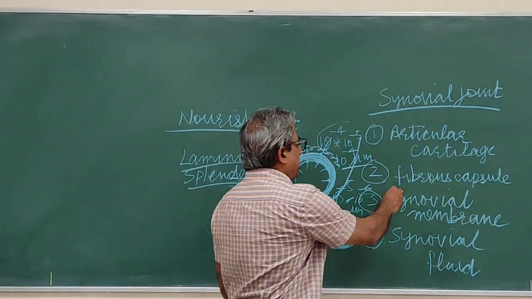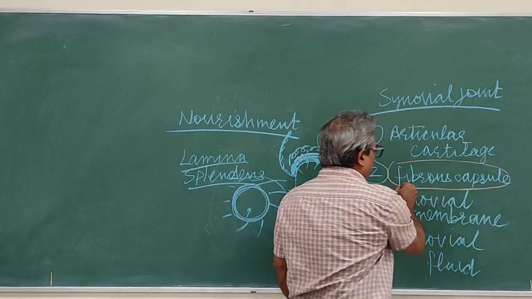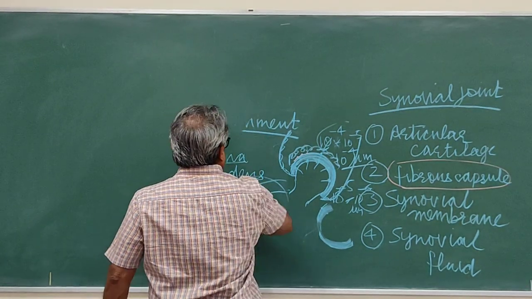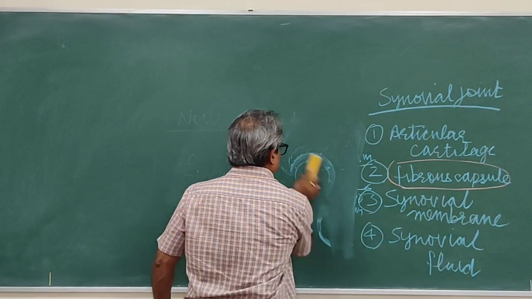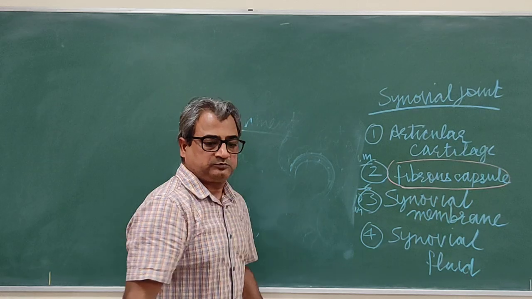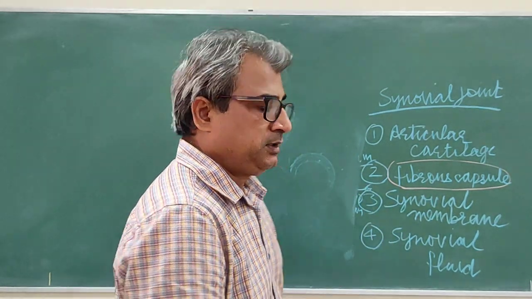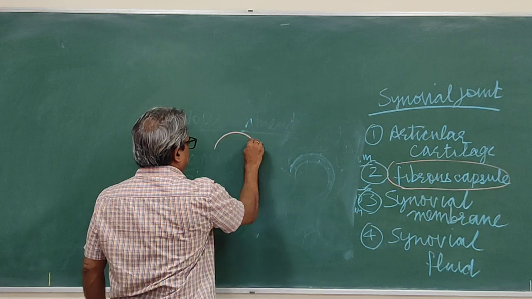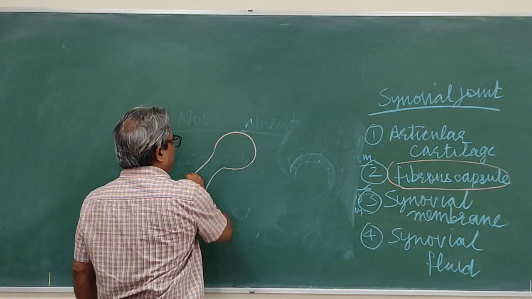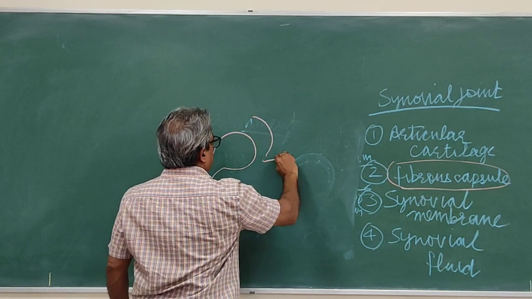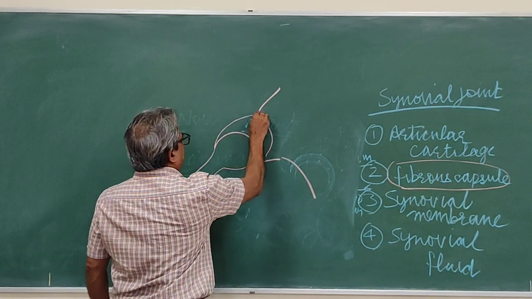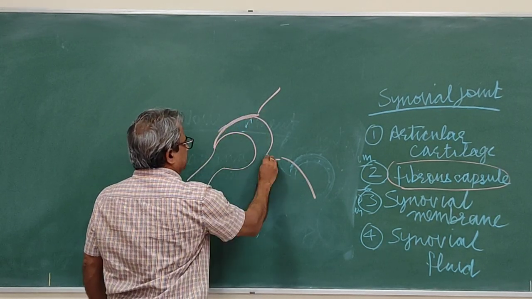The second part is the fibrous capsule. Now, what is fibrous capsule? Say, I take another diagram. This is a bone. This is another bone on the other side, and a fibrous capsule is present.